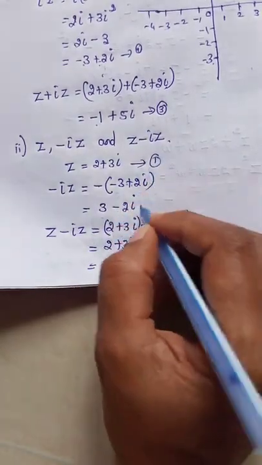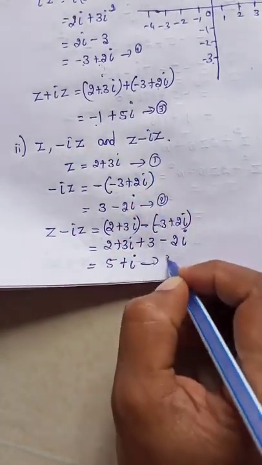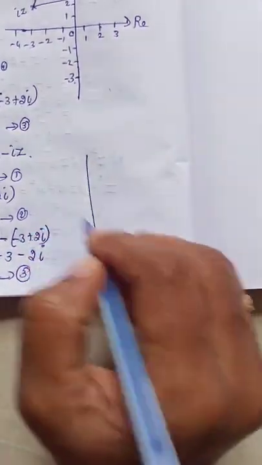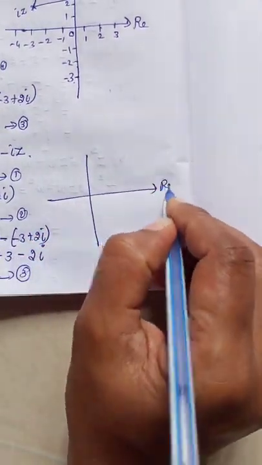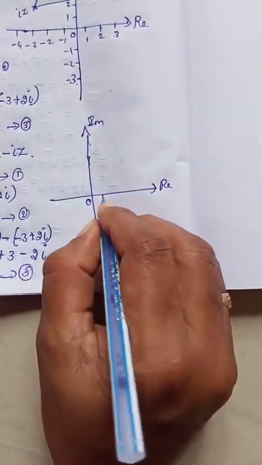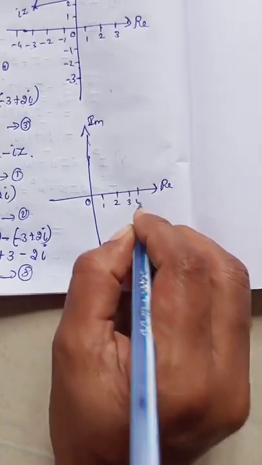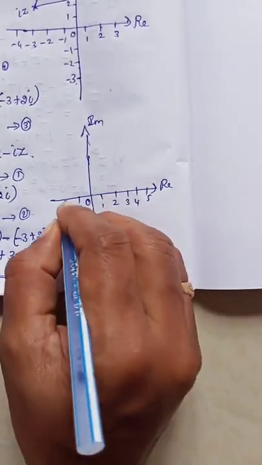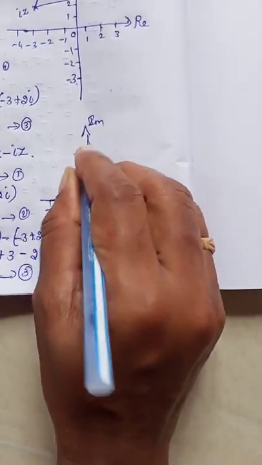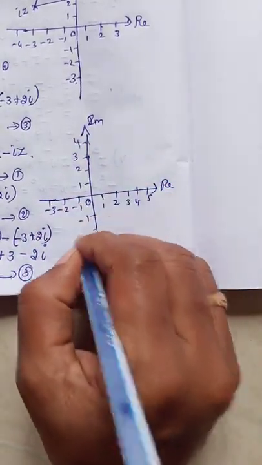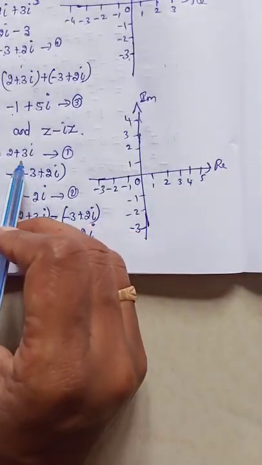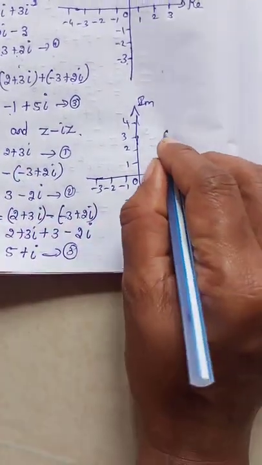So for this it is 1, 2 and 3. These 3 answers we have to mark in the Argand diagram. So 0, 1, 2, 3, 4, 5, minus 1, minus 2, minus 3, and 1, 2, 3, 4, minus 1, minus 2, minus 3. The first one is 2 comma 3.